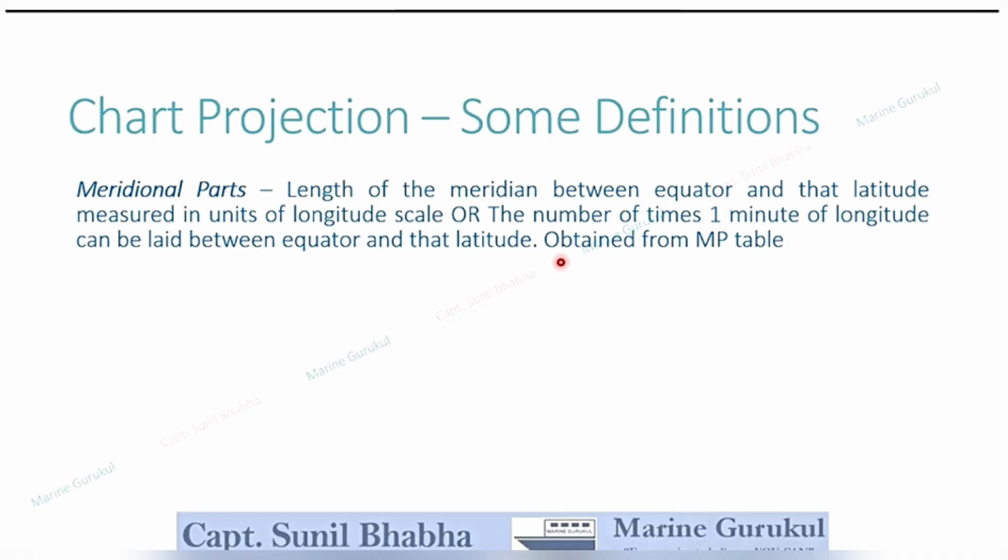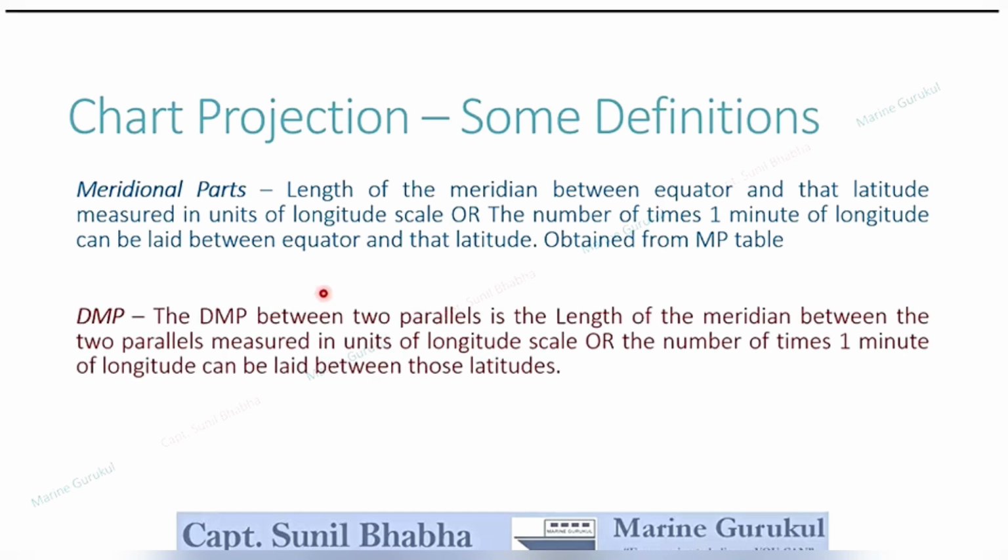How do we obtain them? We have a meridional parts table in the Norie's Nautical Tables, so they can be picked up from there. You enter the table with latitude, and for every particular latitude, degrees and minutes, they will give you the meridional parts for that particular parallel.